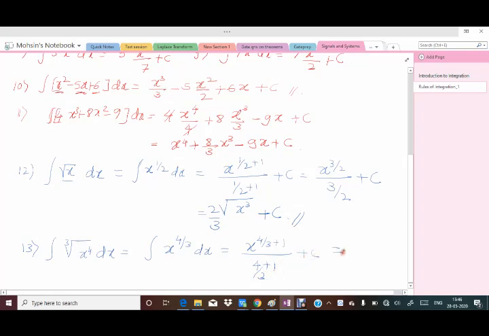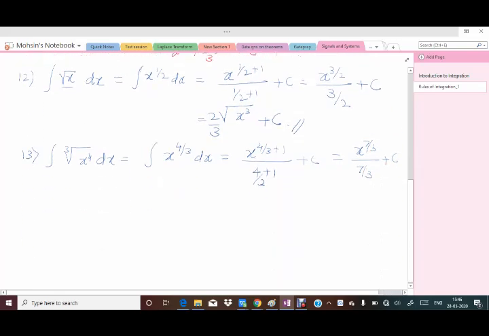So now 4 by 3 plus 1 is 7 by 3. Okay, so x to the power 7 by 3 divided by 7 by 3, therefore plus c.